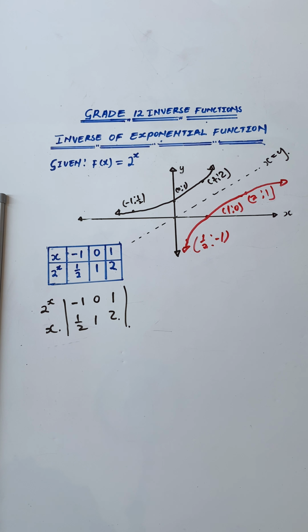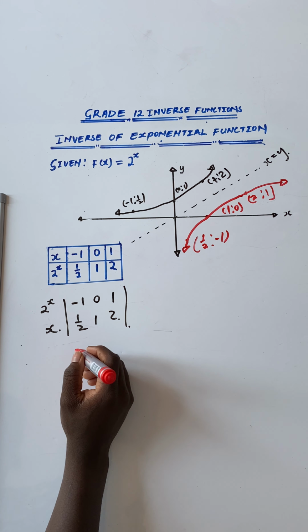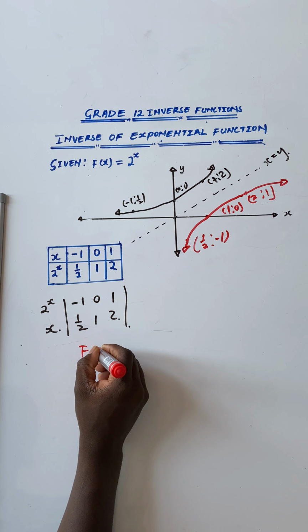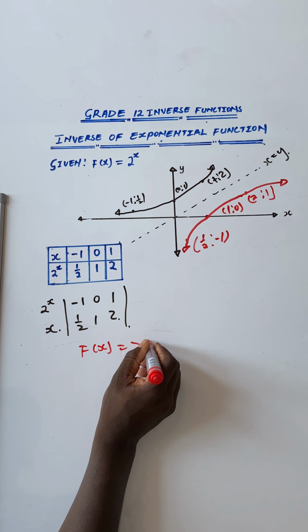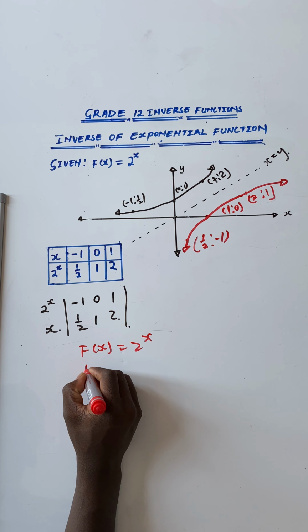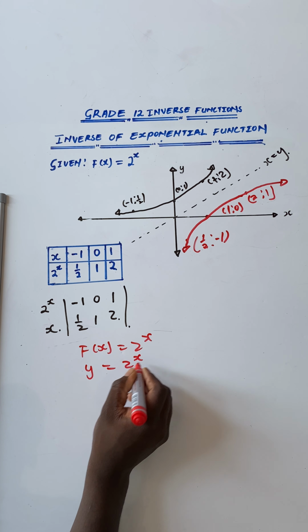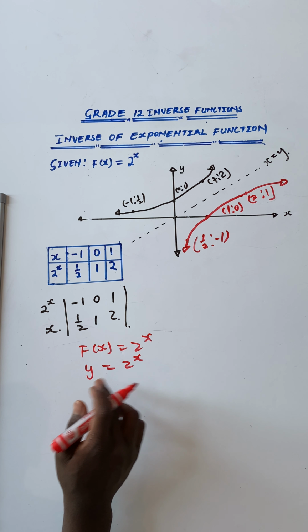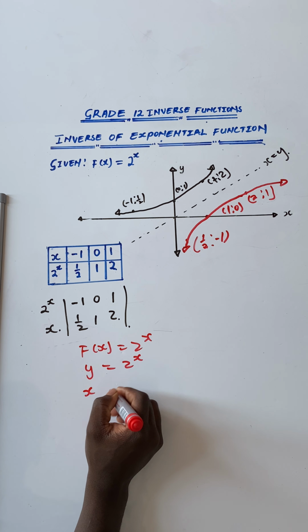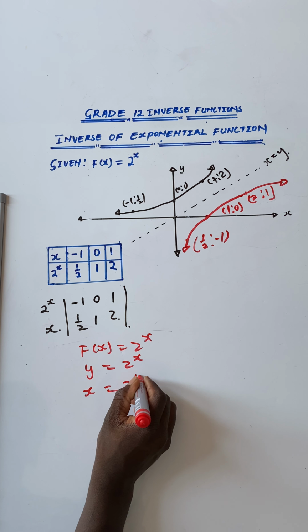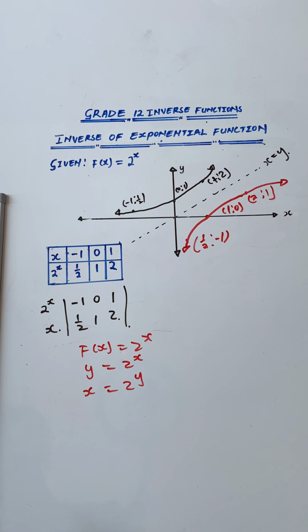So how would you find the equation? We still apply the same rule that we've been applying on the previous functions. We have the original function f of x is equal to 2 to the power x. The first thing is to change this into y is equal to 2 to the power x. Then you interchange: what was y becomes x, and what was x becomes y, so that x is equal to 2 to the power y. Now how do you make y the subject of the formula?